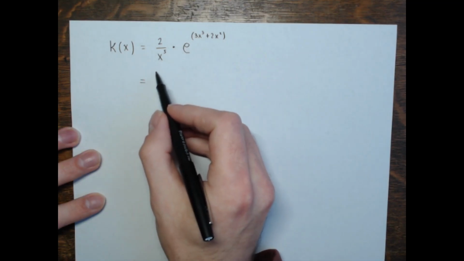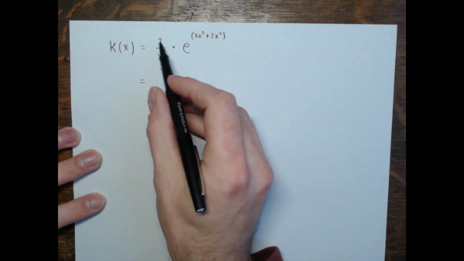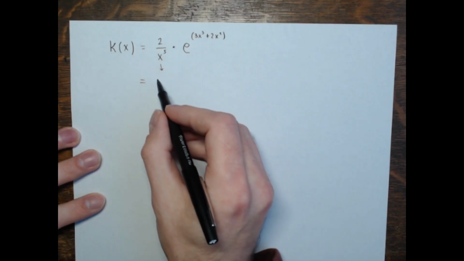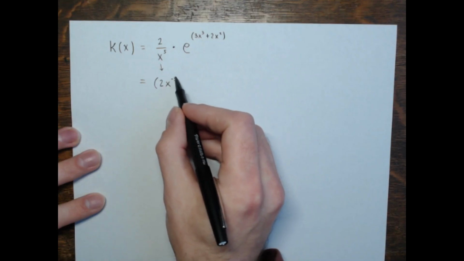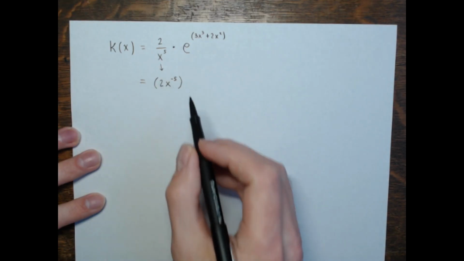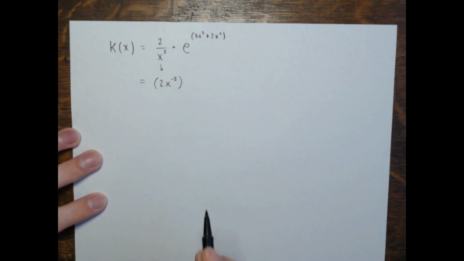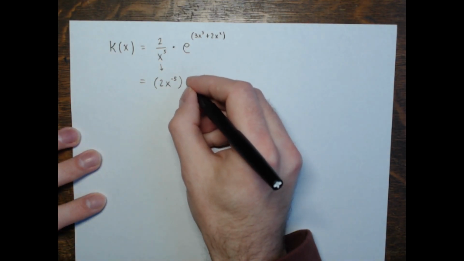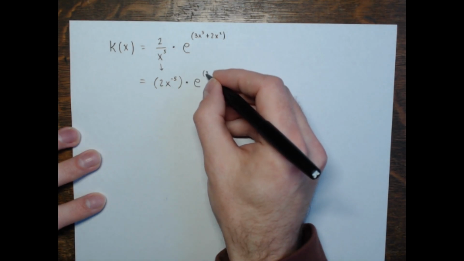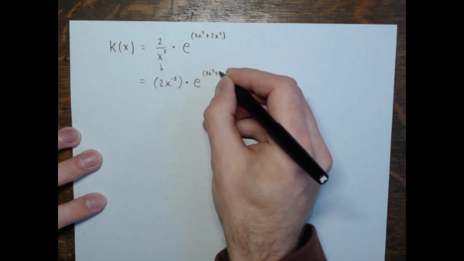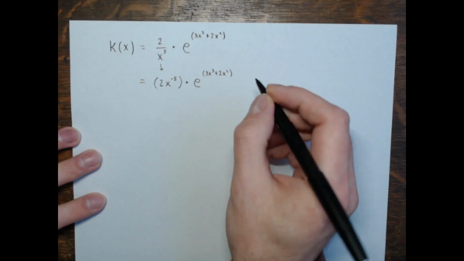So like I said, I'm going to rewrite this first factor here. Instead of 2 divided by x to the 5th, I'm going to write that as 2 times x to the negative 5th. So there's my first factor when I go through the product rule. Then times, again, this exponential e to the 3x cubed plus 2x squared power.